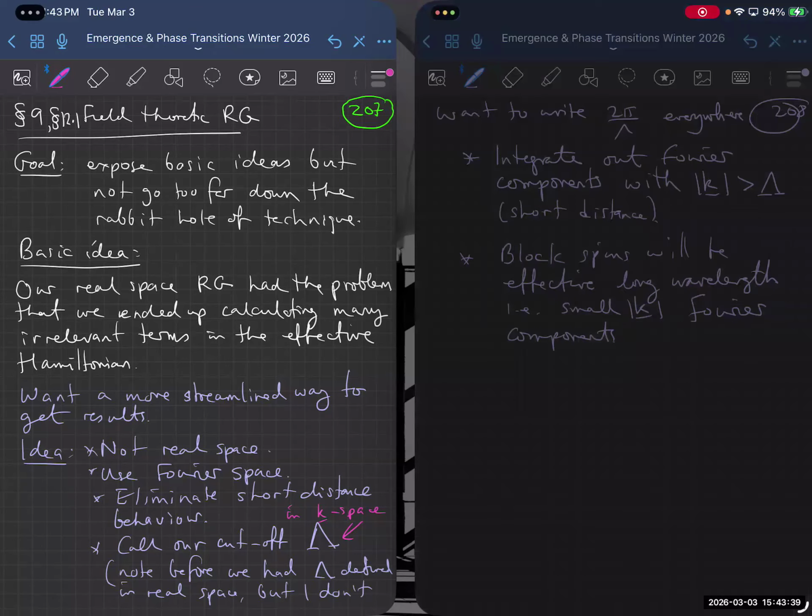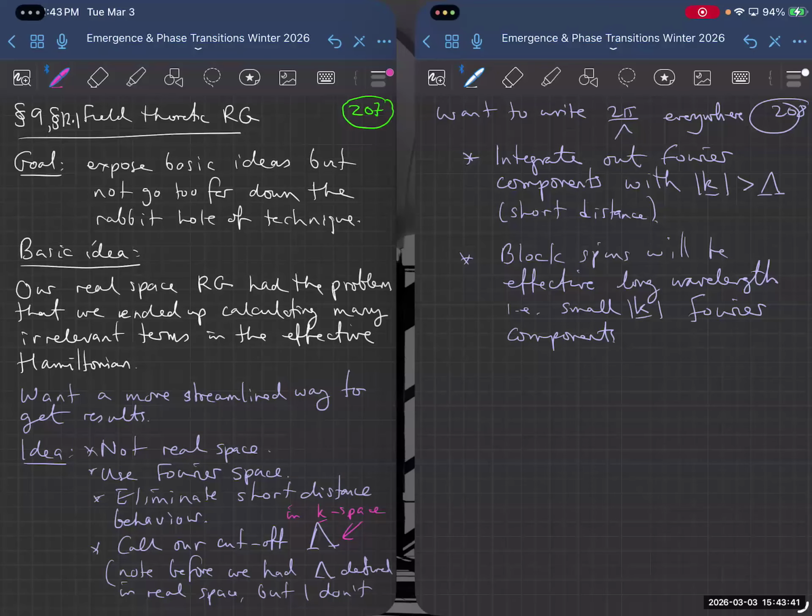So basically what I'm saying is, before we had a coarse-grained order parameter on the scale of lambda, and that's now going to be replaced by its Fourier transform.